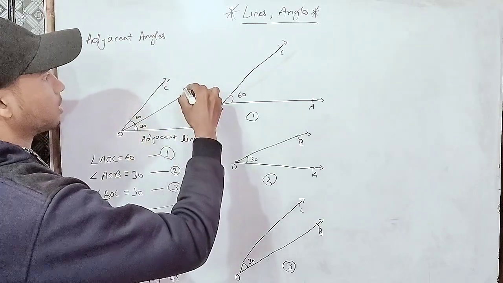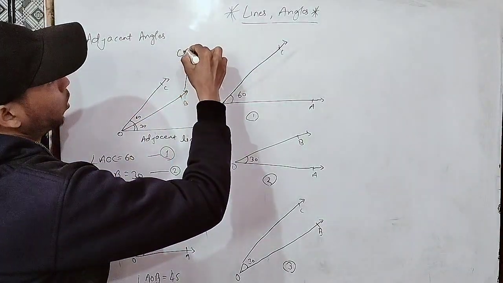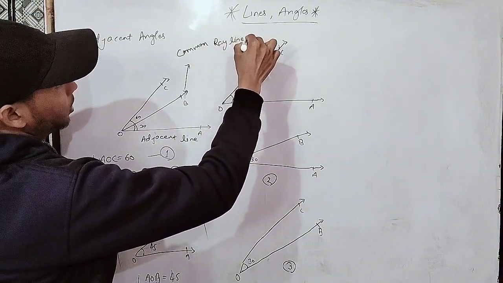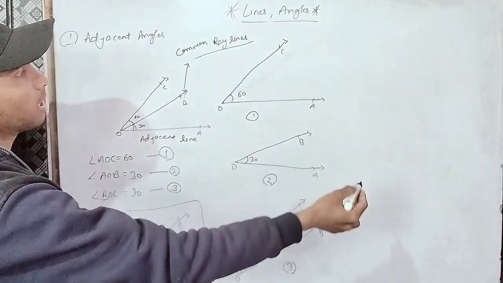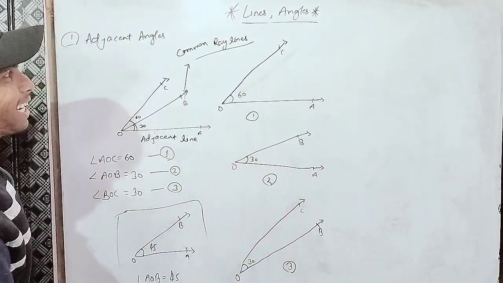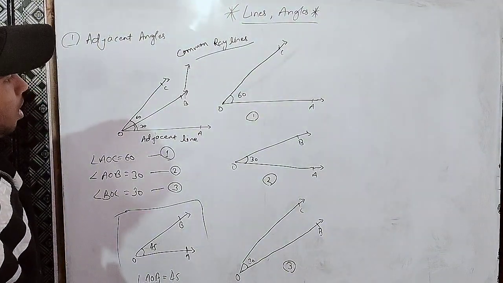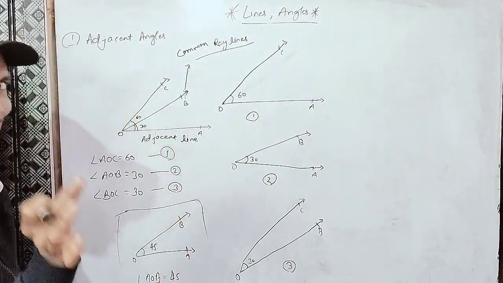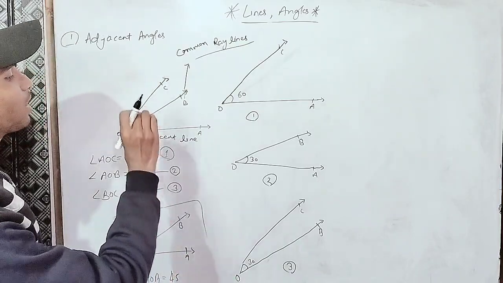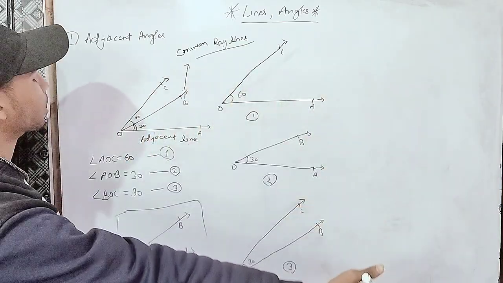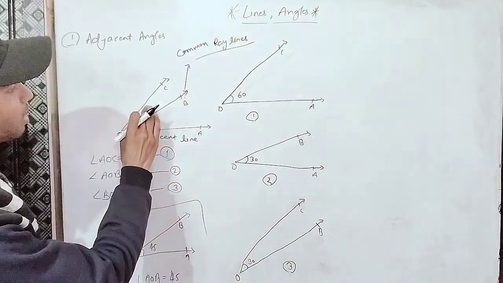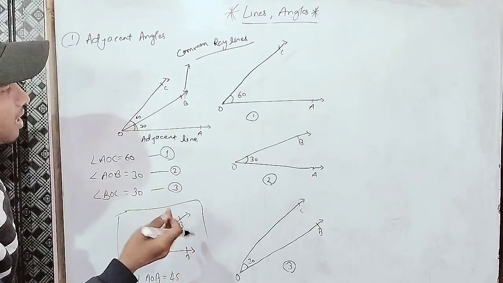This is the common ray line. The meaning of common ray lines is that we have two rays, and that's why we call it common ray lines. Clear? And this is not common arms. This is the opposite of the adjacent line.